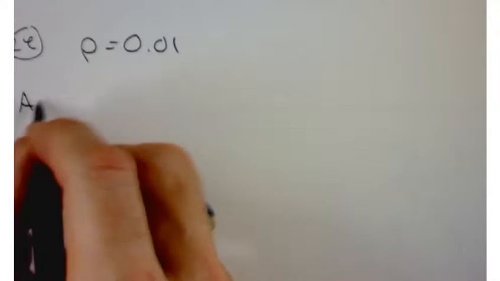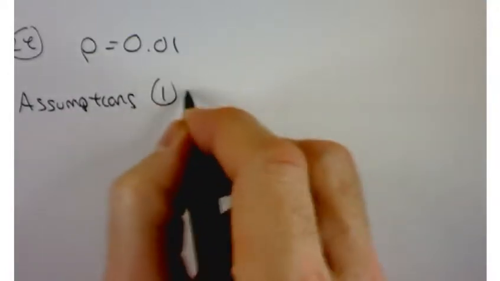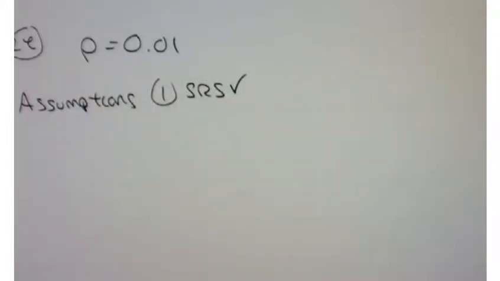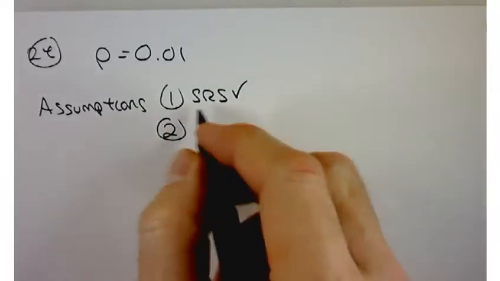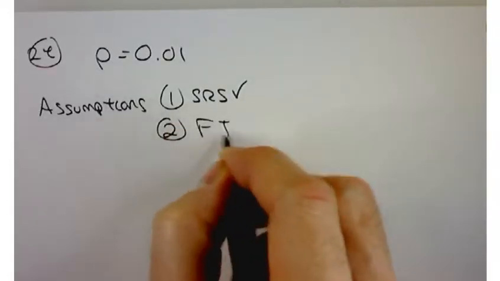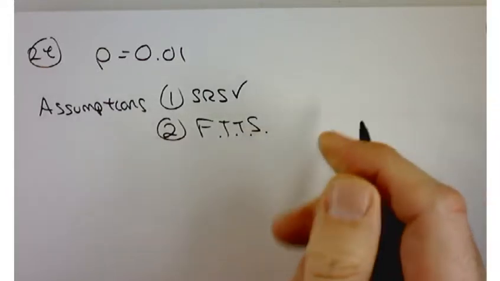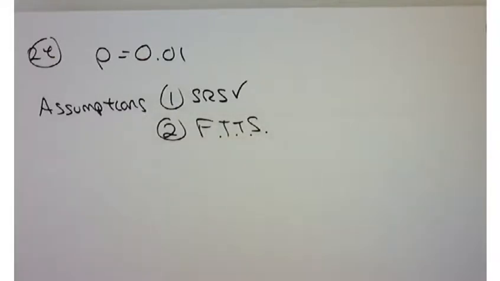Let's check our assumptions. We don't really know how the data are collected, so we're just going to assume a simple random sample. Let's see if the data fits. Fixed number of trials, yeah, 1,234.